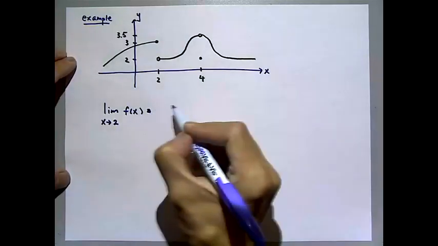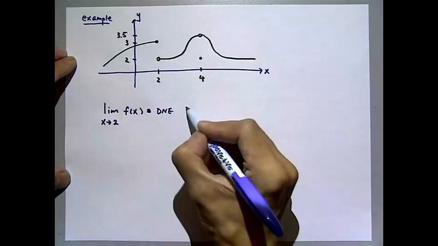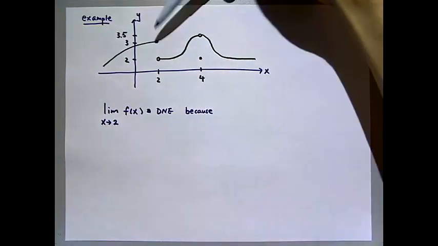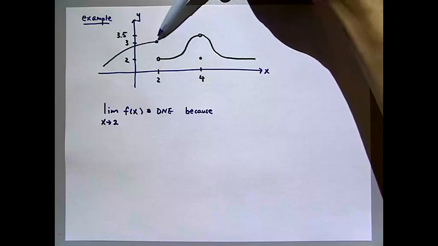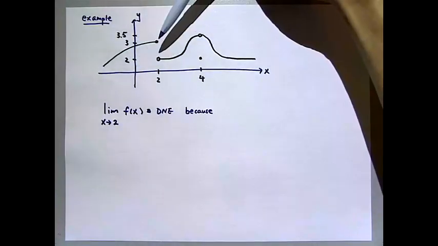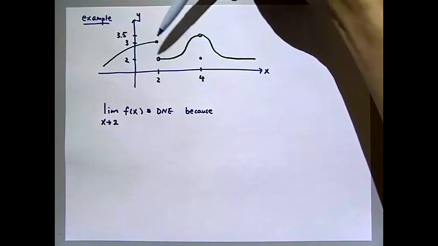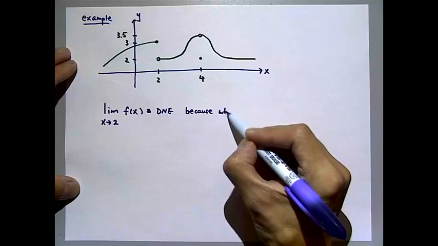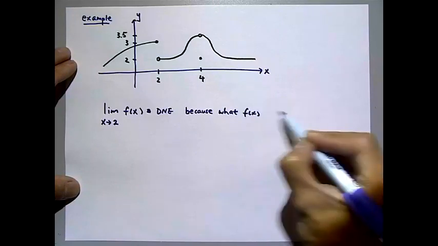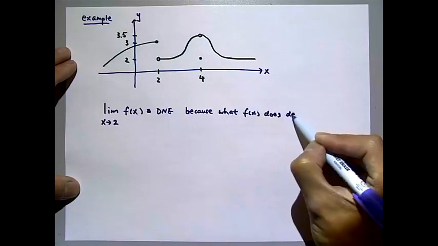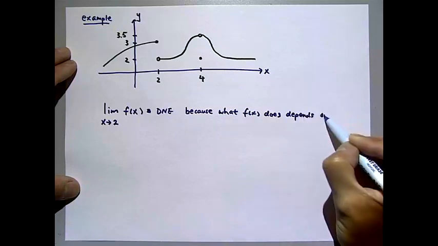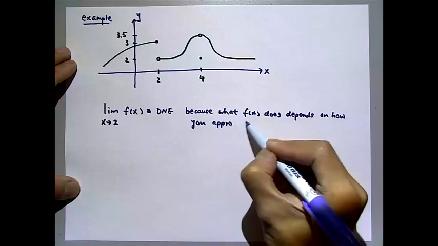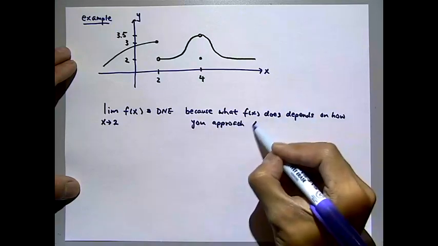So you're right, does not exist, because remember, if what the function is doing depends on how you approach your target, then they are not going to meet. So therefore, the limit is not going to exist, because what f of x does depends on how you approach x equal to 2.